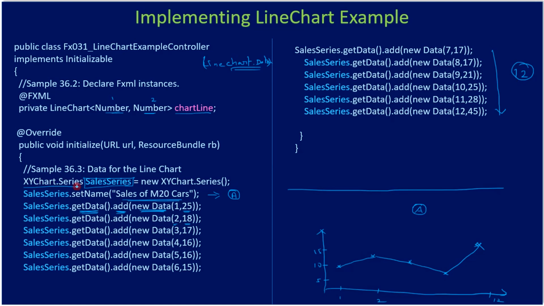And if you see here, sales series we already created, and to this sales series we are adding all these data. On the fly we are getting it. Sales series, get data, then add. So if you need, instead of repeatedly calling it and retrieving the collection, you can make a call after this line, store that in a reference variable, then you can go for x.add.